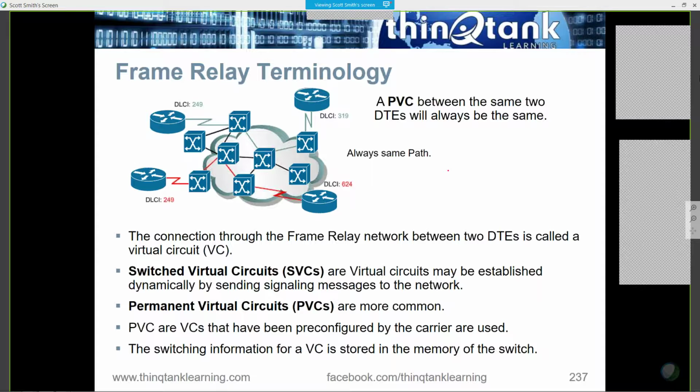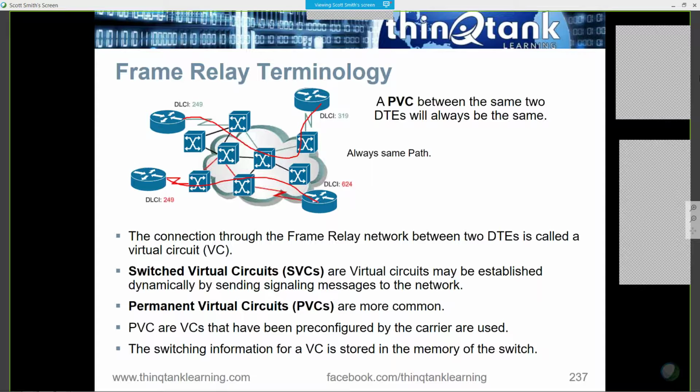Every point-to-point PVC is like a different subnet though. So the bottom two routers, DLCI 249 and DLCI 624, are going to be connected through a separate PVC on a different subnet. When you have just two routers connected, this is what we would call point-to-point frame relay.